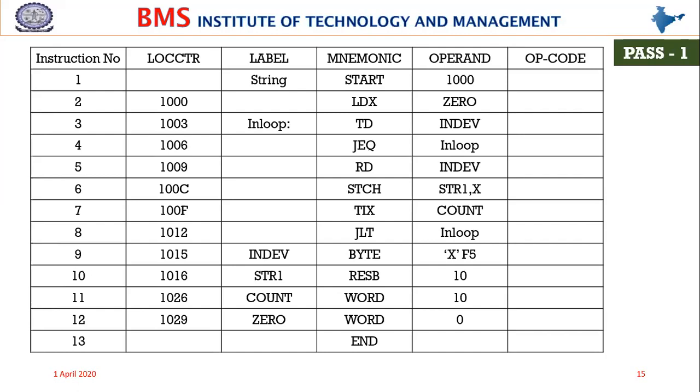Based on the size of each variable or constant, the addresses will be allocated. If it is 1 byte, it is 1, and if it is an integer variable of 10 locations, then 30 bytes are going to be allocated. So this much we have seen.